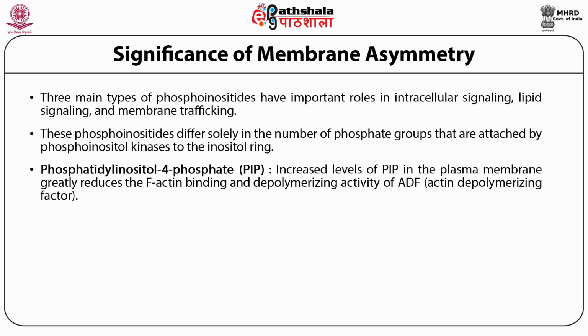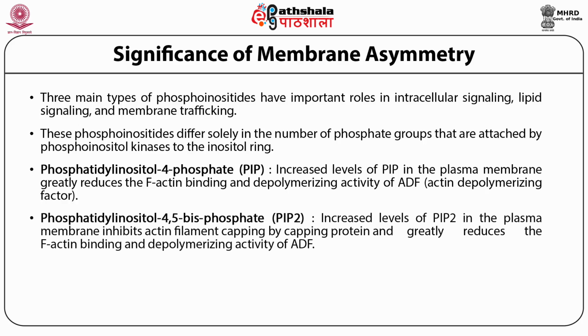The second form of this phospholipid is phosphatidylinositol 4,5-bisphosphate, also known as PIP2. Increased level of PIP2 in the plasma membrane inhibits actin filament capping by capping protein and generally reduces the F-actin binding and depolymerizing activity of ADF, that is, actin depolymerizing factors.